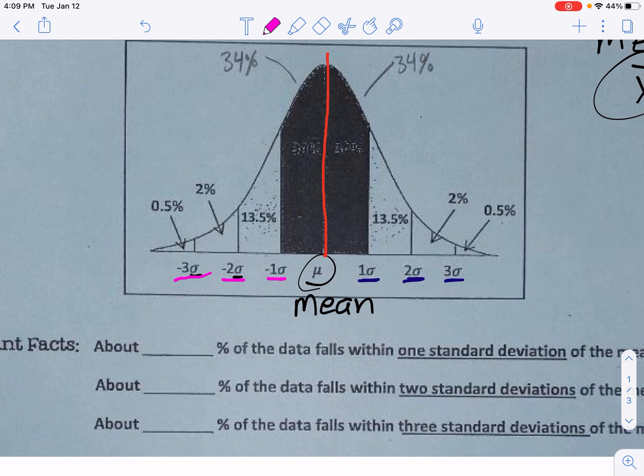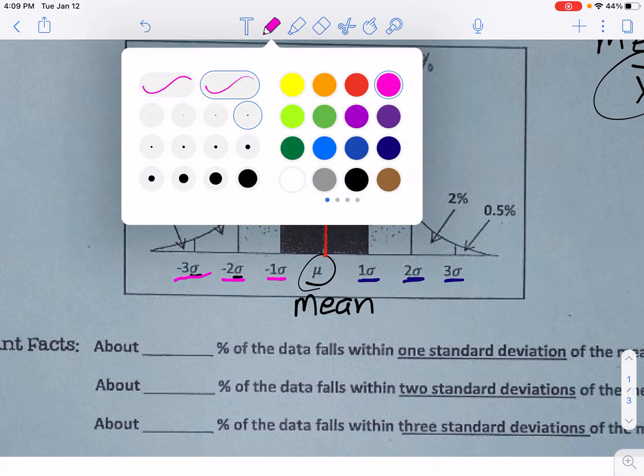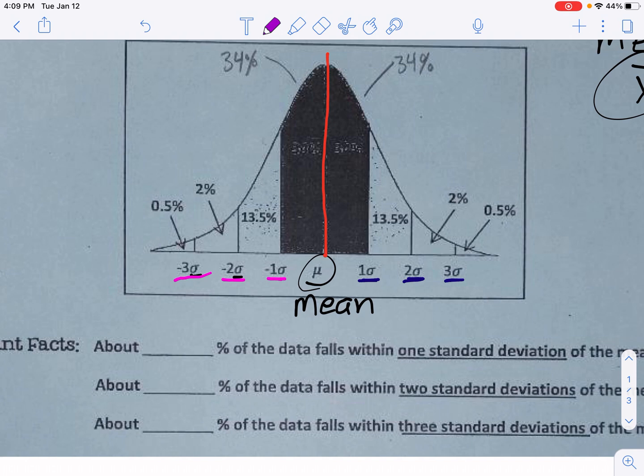Within 1 standard deviation, if we're just talking about 1 standard deviation away from the mean, we're talking about this data right here. This would be 1 standard deviation away in the positive direction, and this would be 1 standard deviation away in the negative direction. When we're taking any given set of data that forms a normal distribution, like IQ scores, most of the data is going to fall within 1 standard deviation.